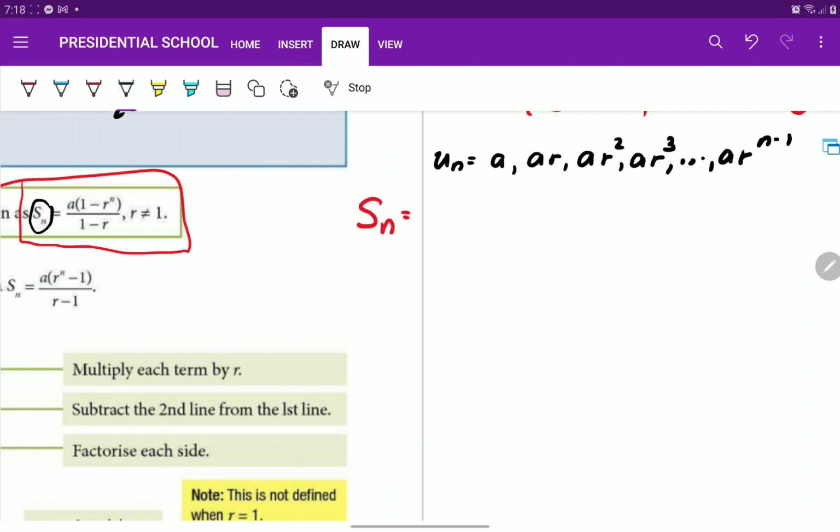Therefore, S sub n is equal to a plus ar plus ar squared plus ar cubed, and so forth and so on, plus the last term, which is ar to the n minus 1.